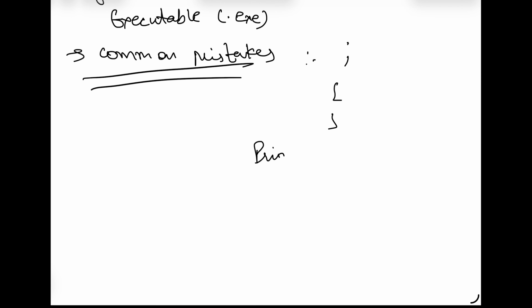Some type printf like this, Print f, but that's the wrong way. You should always write printf in small letters, printf. Another most common mistake is not saving the file with the .c extension.